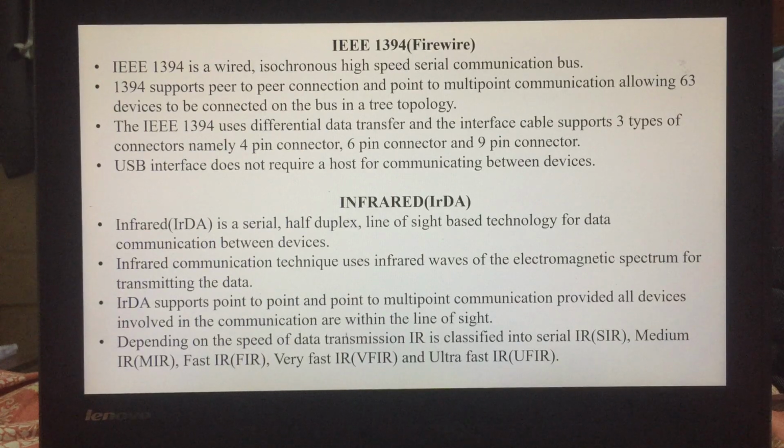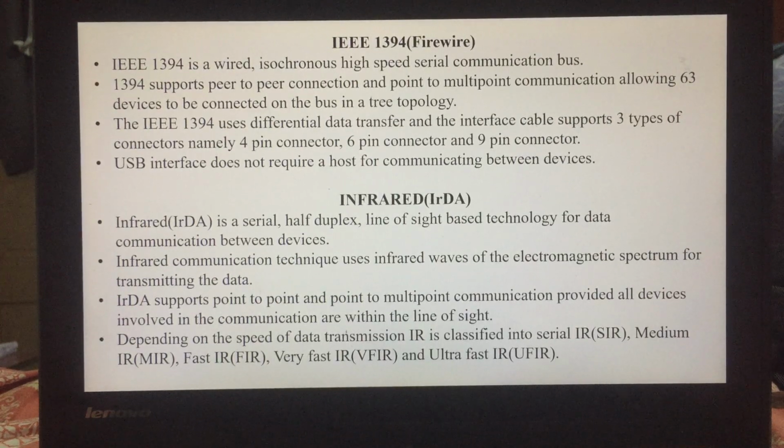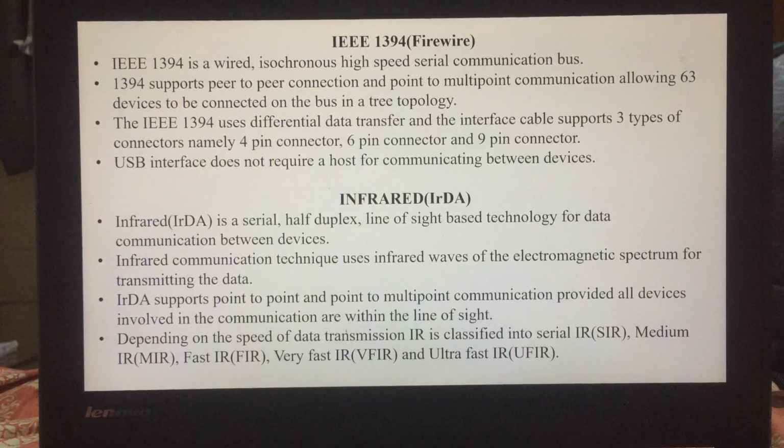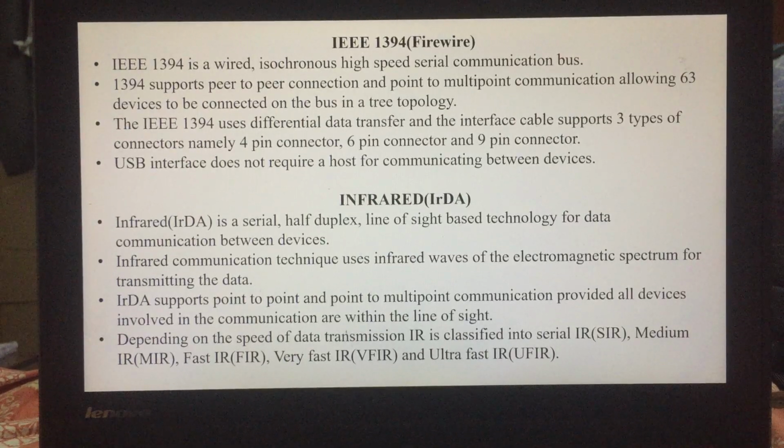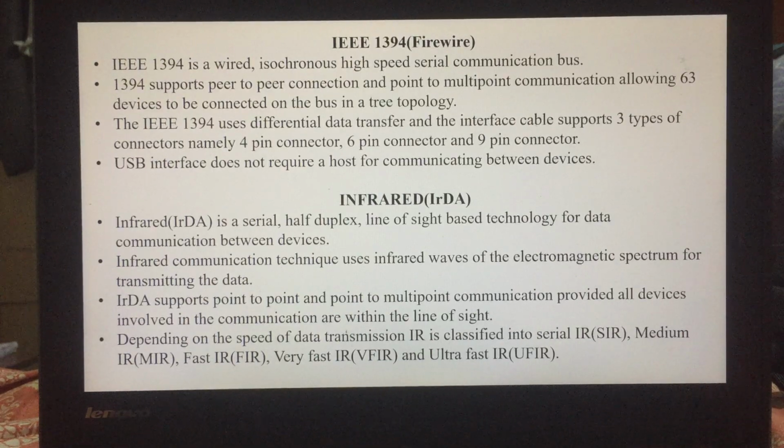For bidirectional data transfer, both transmitter and receiver should be present. Such IR units are known as transceivers. Certain devices like a TV remote control require unidirectional communication, so they contain either the transmitter or receiver unit.